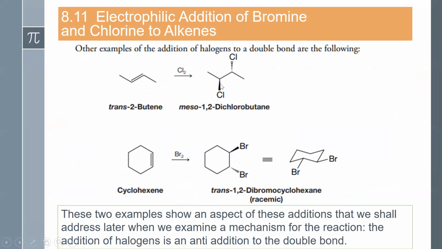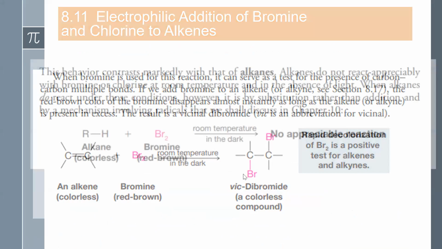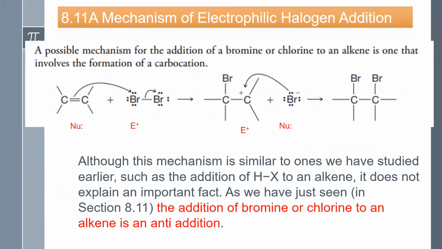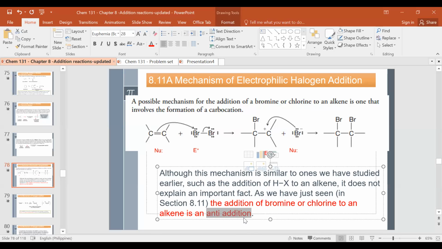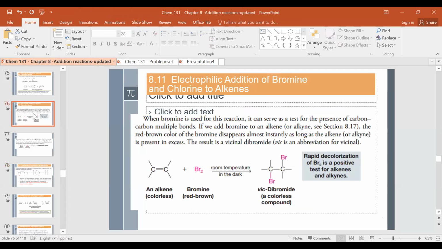Here the chlorine is oriented away from you, or from the plane. This is the plane of the cyclic compound. The bromine is oriented up, the other bromine is oriented down. So what happened in the addition is that there is an anti-addition of your halogens.